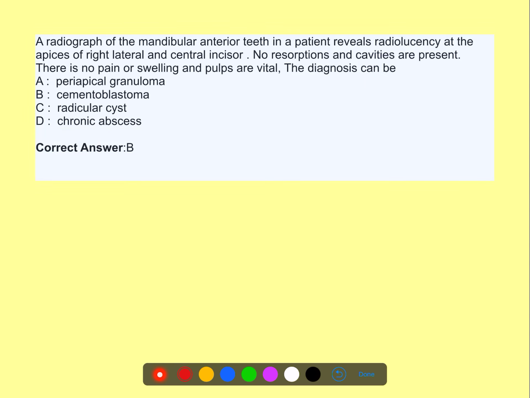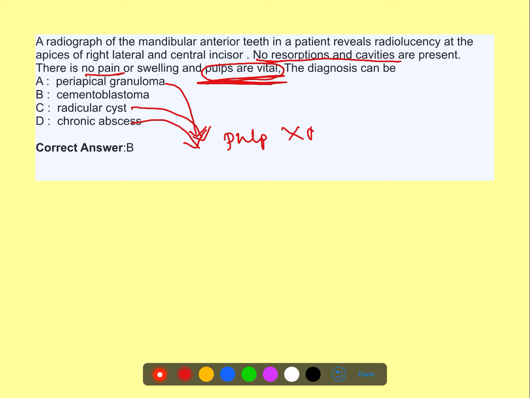A radiograph of mandibular anterior teeth in a patient reveals radiolucency at the apices of the right lateral and central incisor. No resorptions and cavities are present. There is no pain. Pulps are vital. And here the answer lies in this single sentence. Even though it is a very lengthy question, the pulps are vital. If you go into the options, periapical granuloma, radicular cyst, chronic abscess, here the pulps are non-vital.